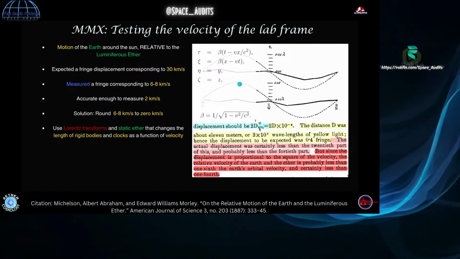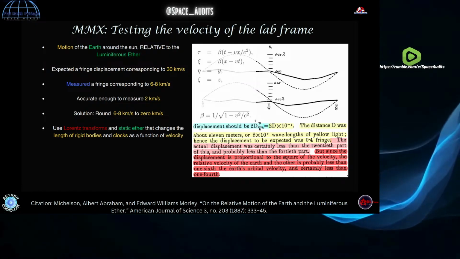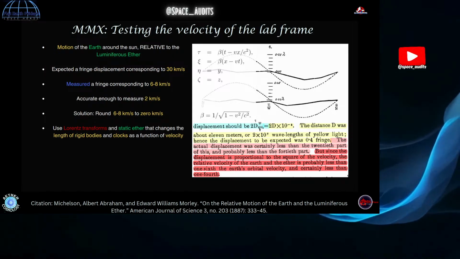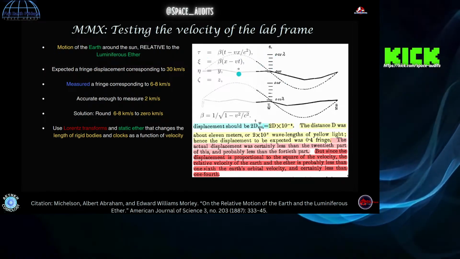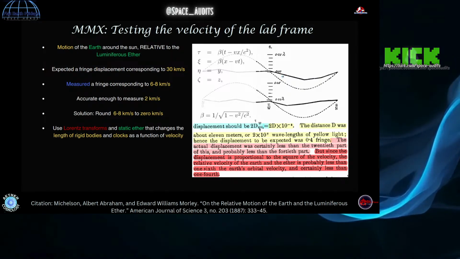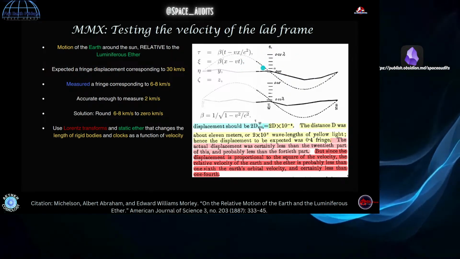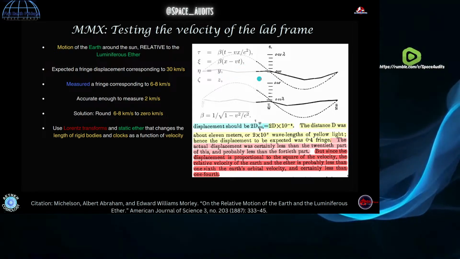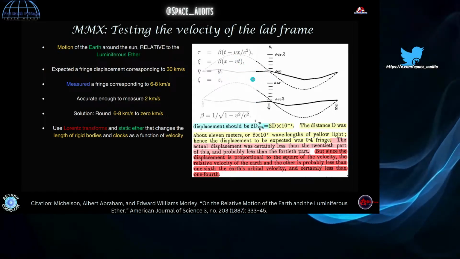Because if there's an ether and a fluid medium, and if there's an absolute frame for everything to be relative to, then this velocity component needs an explanation. You can't leave this hanging. This is like in the face of your theory, right? So they need this to explain it.